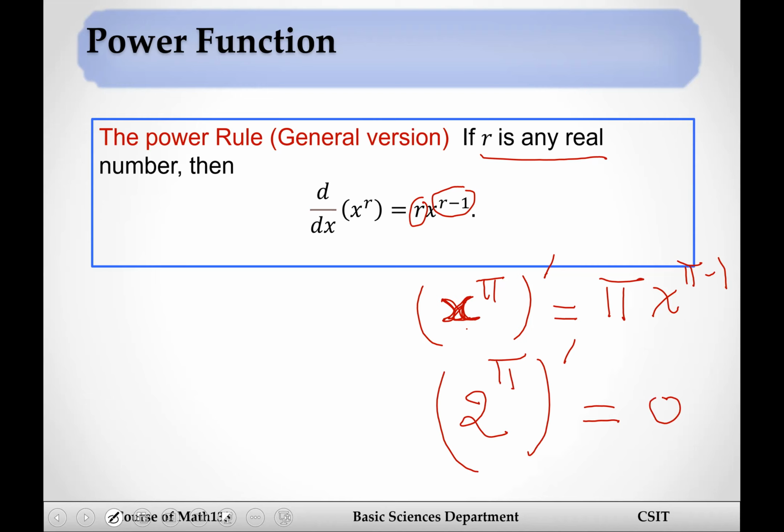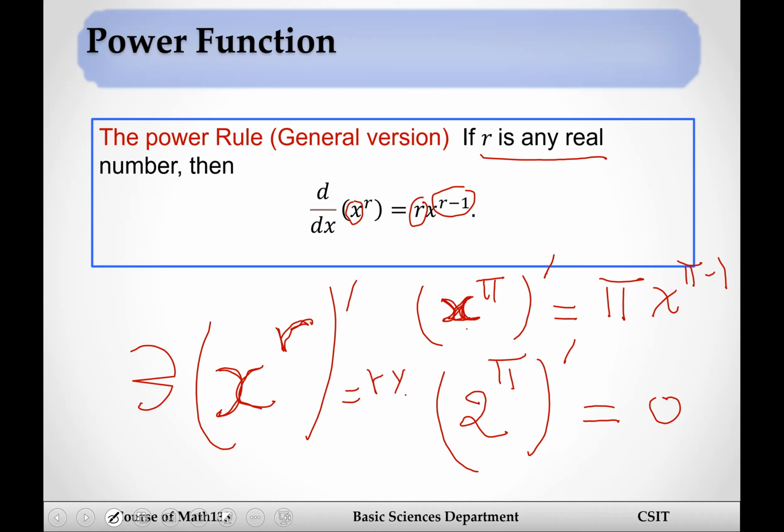This formula works when we have the variable x here and a power that does not contain x. So it's something like that. Okay, x power a number r. So the variable is here, the number is here. Okay, so the derivative of this is r x power r minus 1.